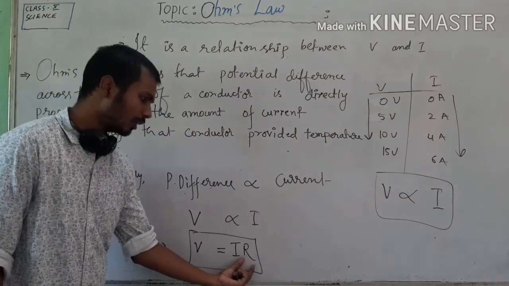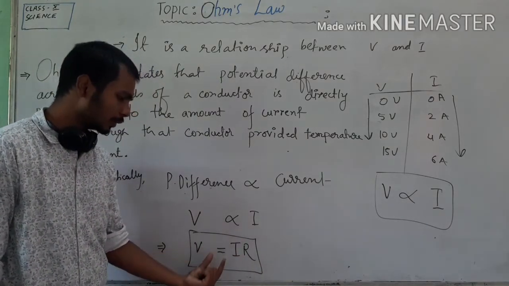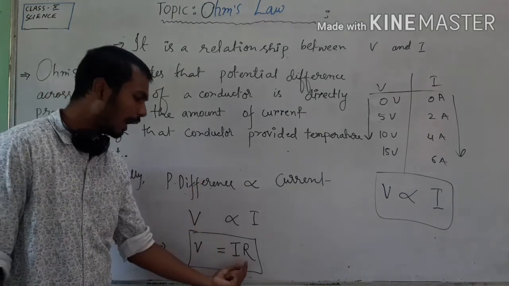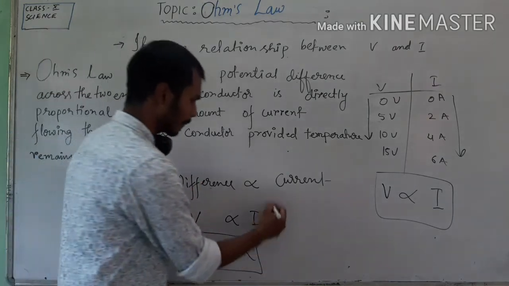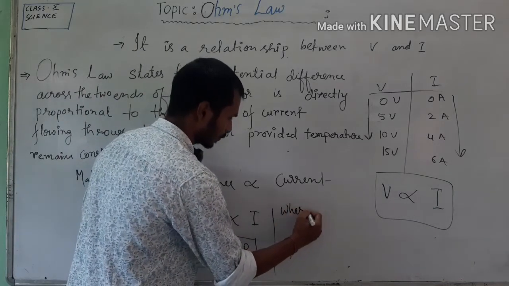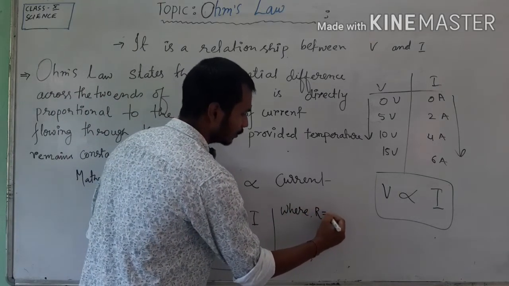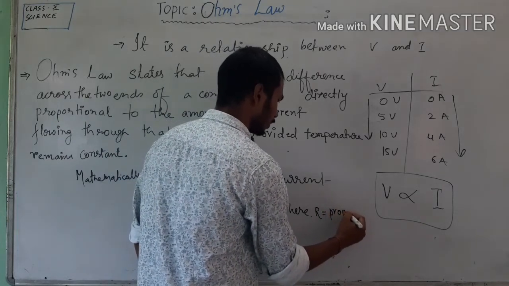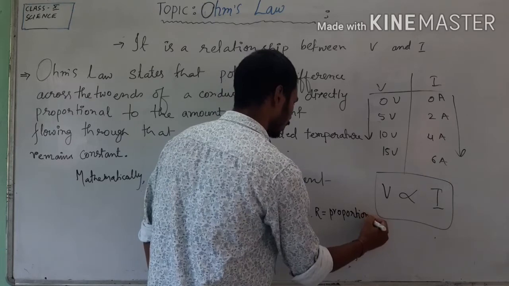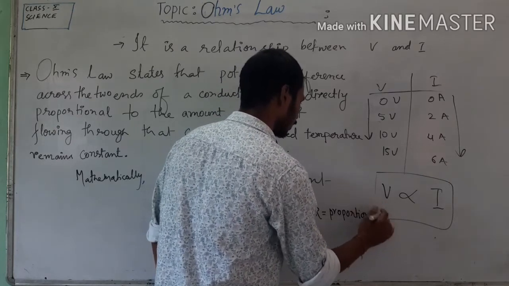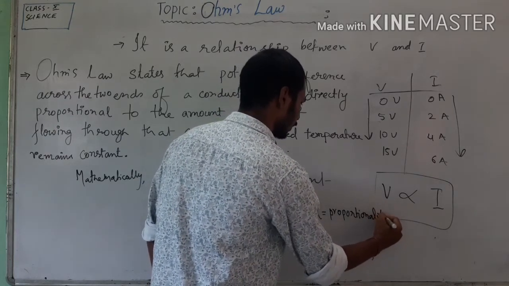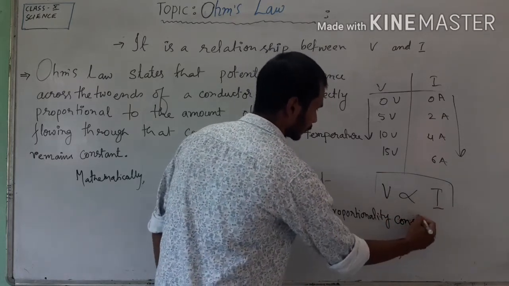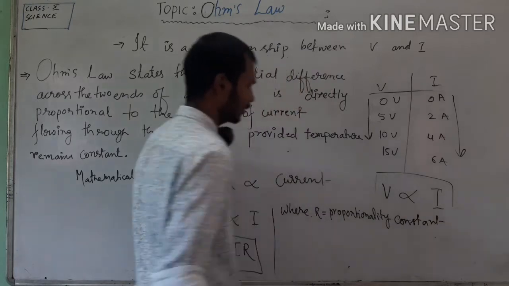R is a constant. When the proportionality sign changes to equal to, we have to use one constant, that is R, where R is the proportionality constant.